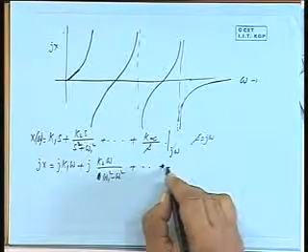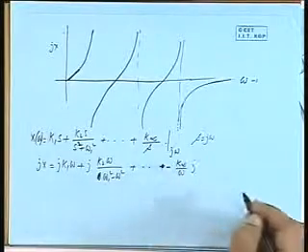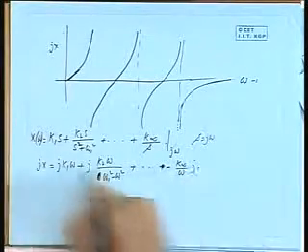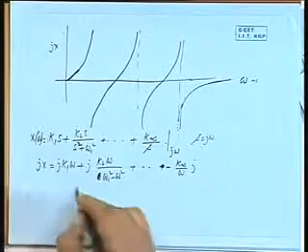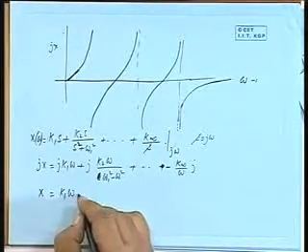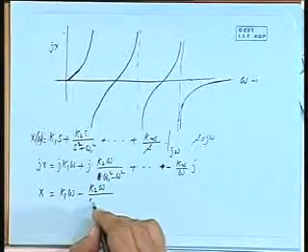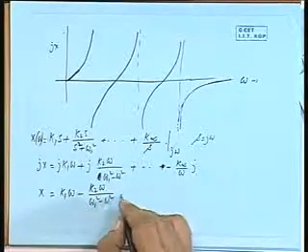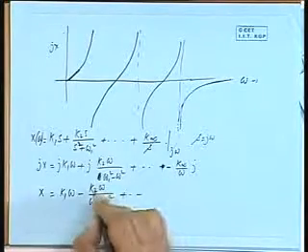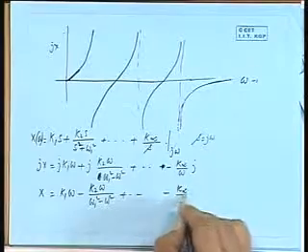So, it will become minus k infinity by omega into j. Now, j will be cancelling with this. So, X is given by k1 omega minus k2 omega by omega 1 squared minus omega square, plus similar terms k2, k3, etc., and minus k infinity by omega.